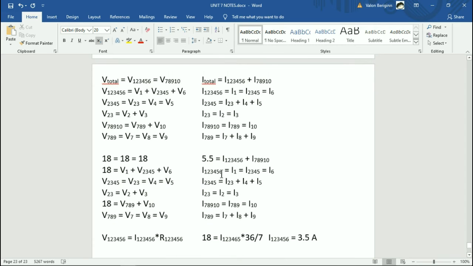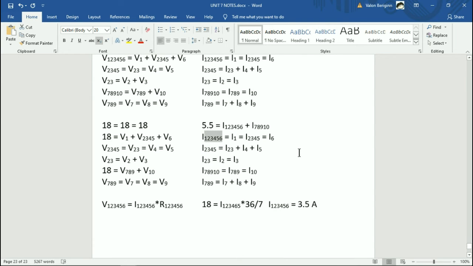So I1-6 is 3.5, which means this is 3.5. Now, hey, 5.5 equals 3.5 plus this. I don't need to calculate, that's 2. Means this is 2, which means this is 2, and this is 2. I10 is, okay, so that's all 2.